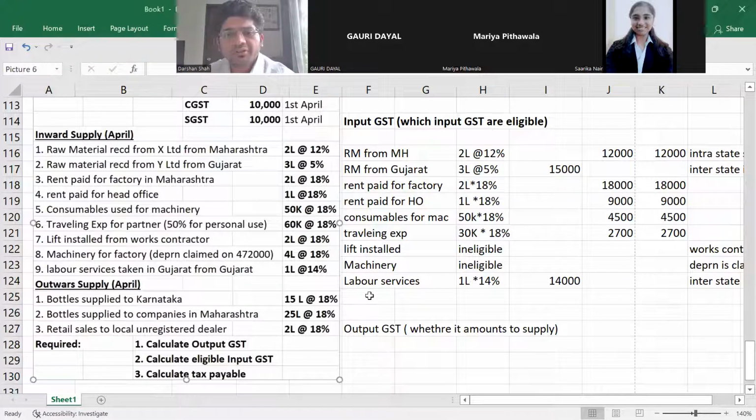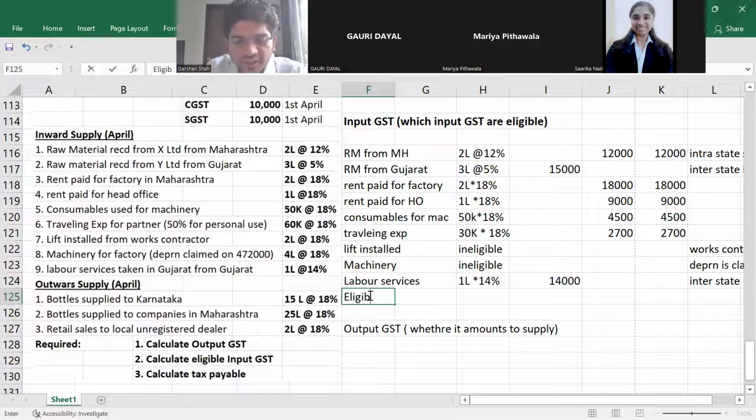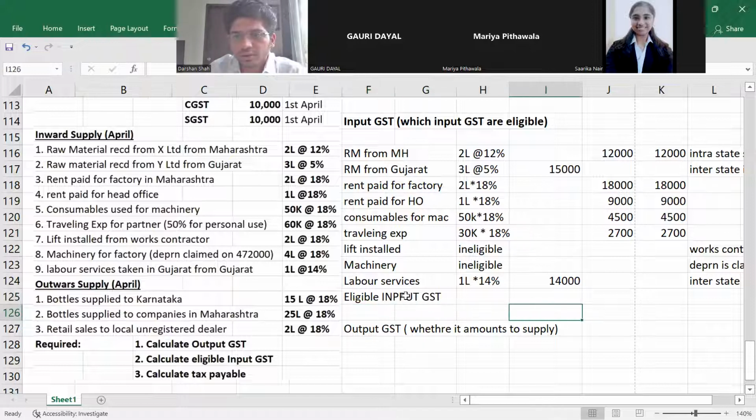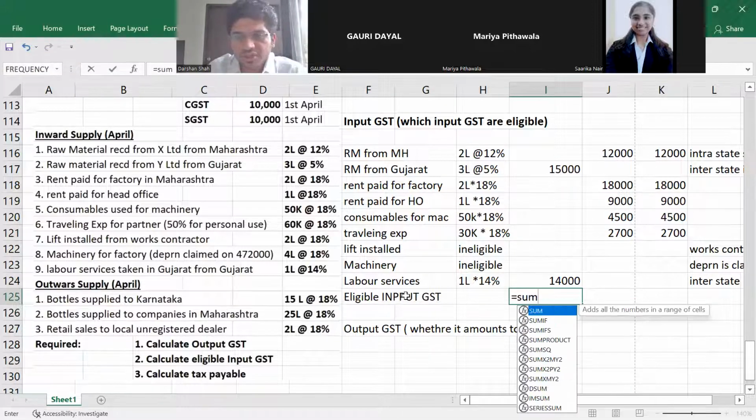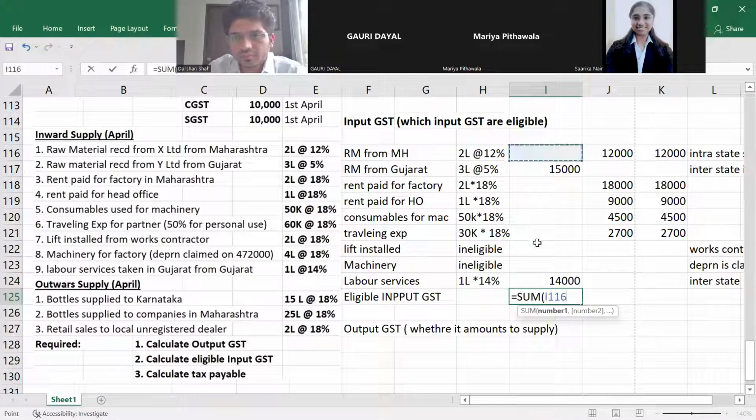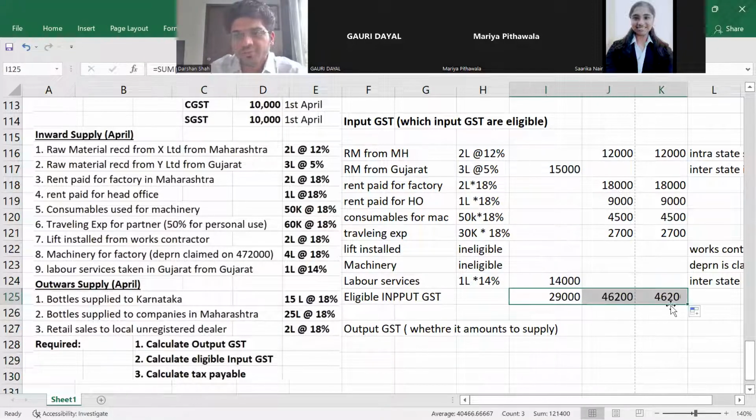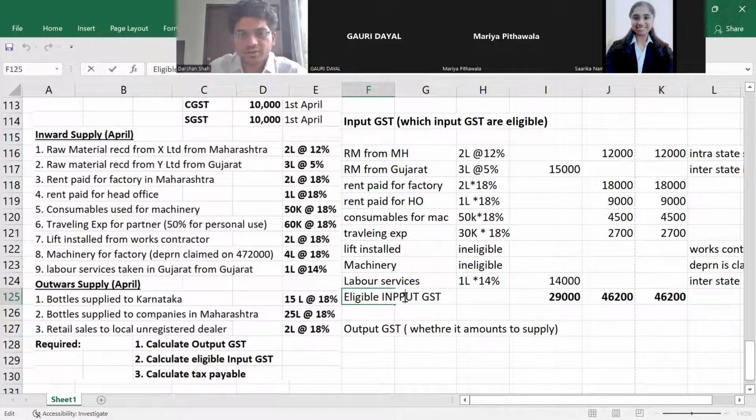Everything clear? So eligible input GST is how much? Just take the total. These are my eligible input GST.